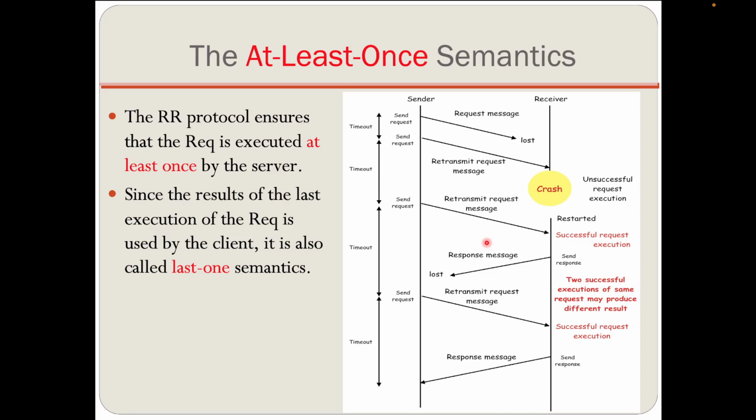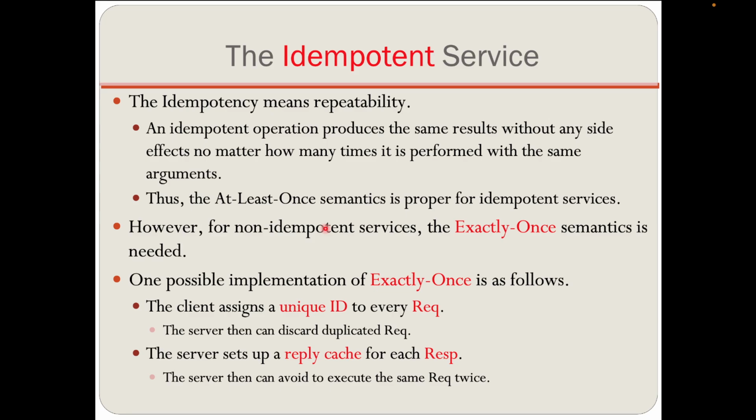Then we need exactly-once semantics. To support this, using the RR protocol, we need a sequence number or unique ID for the request, and the server needs a storage to record the response for each request.